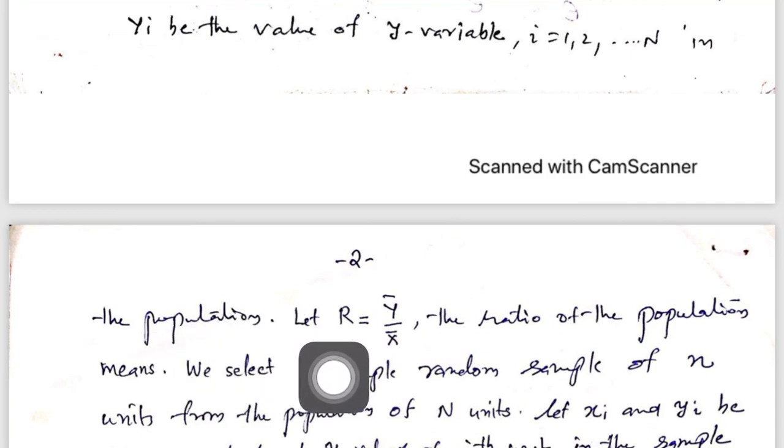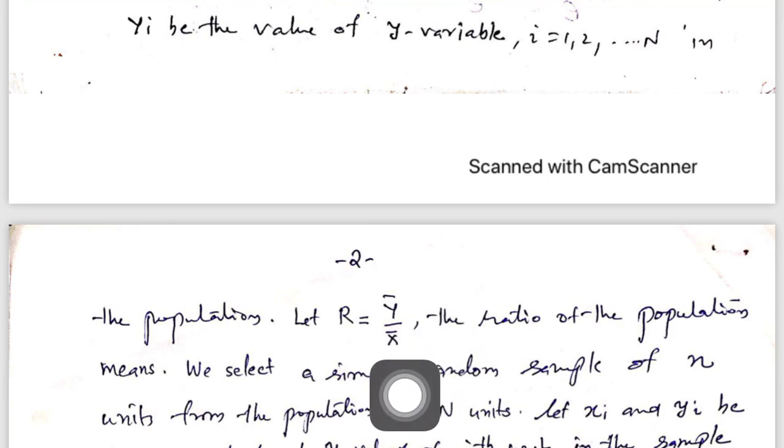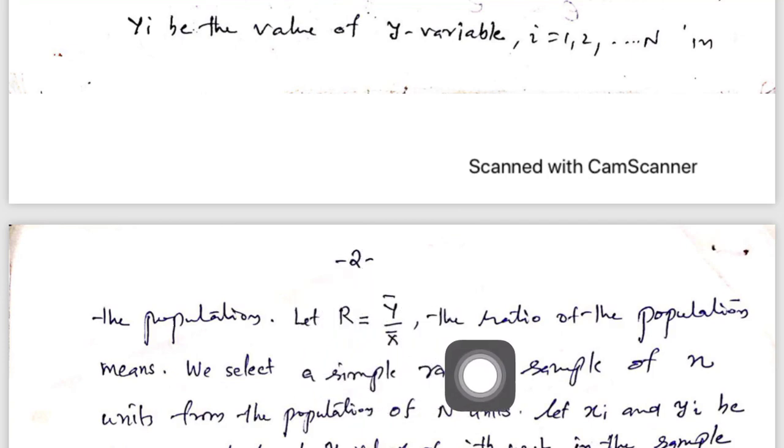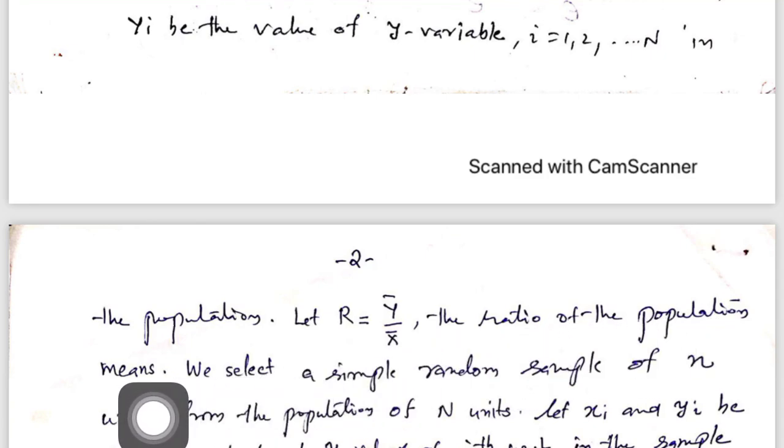And you can have a parameter capital R that is equal to capital Y bar divided by capital X bar. That is the ratio of population mean of the main variable to the population mean of the auxiliary variable. And this ratio is actually the ratio of population means with respect to y and with respect to x respectively.